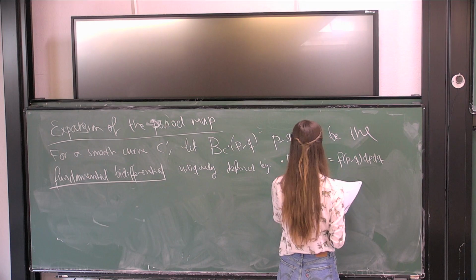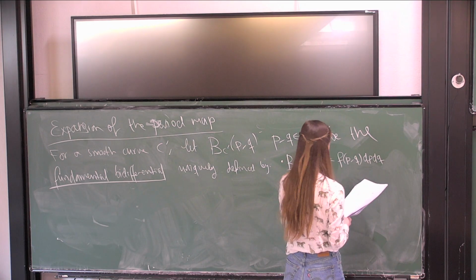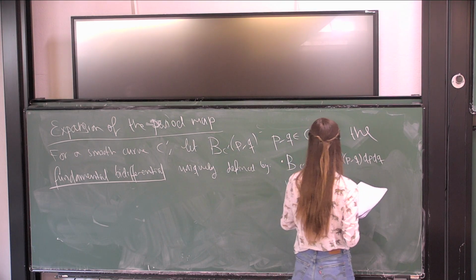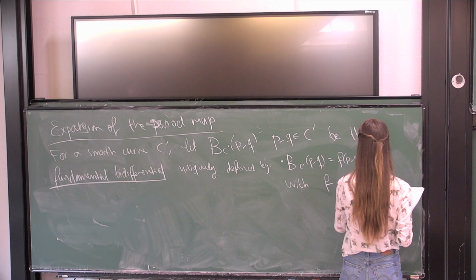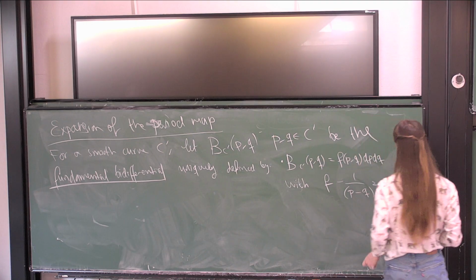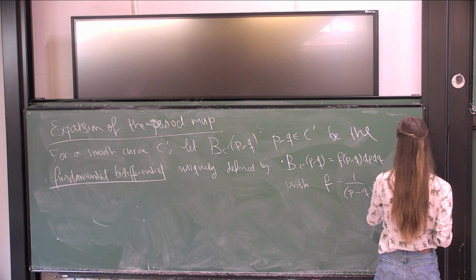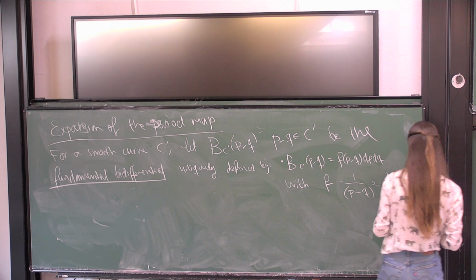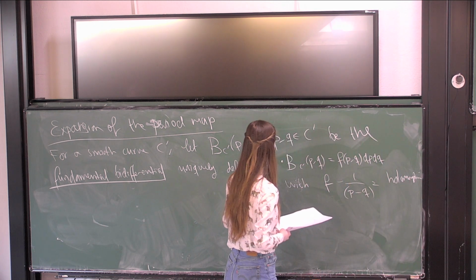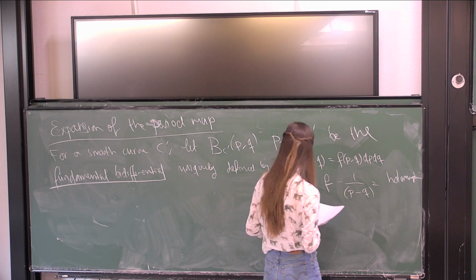So here F minus this pole part is holomorphic. And it's symmetric in both arguments.